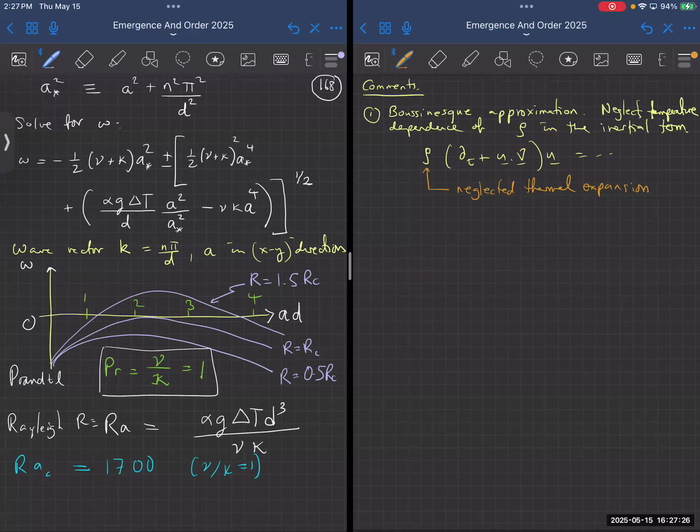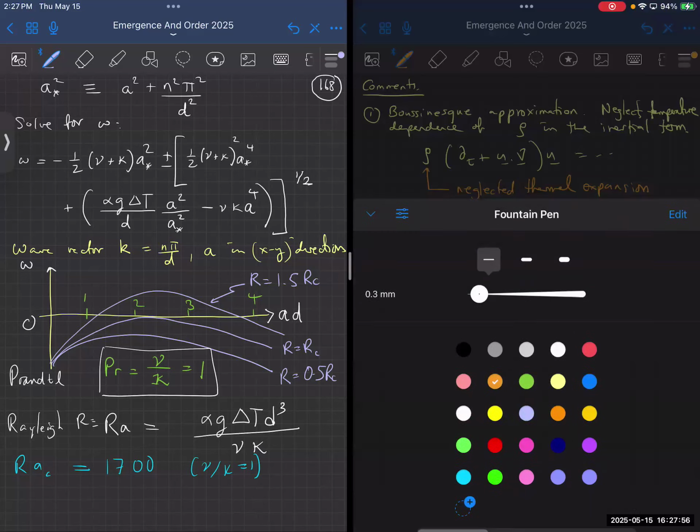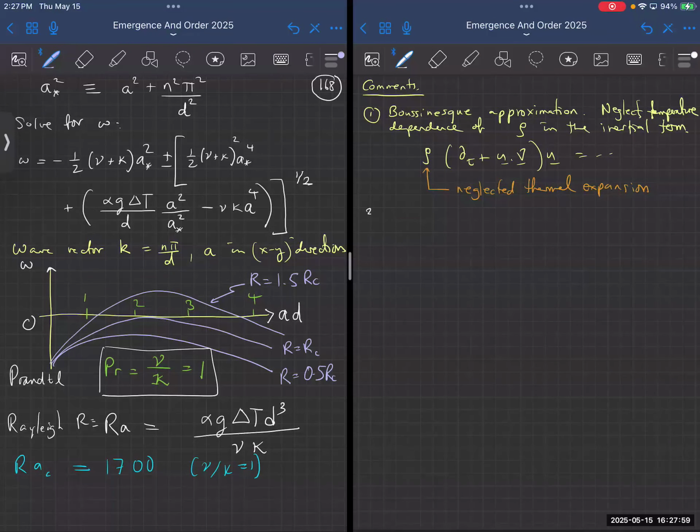Then the next thing that we've done is, the next thing that you can do is non-dimensionalize these equations.